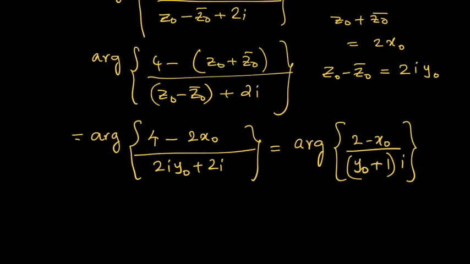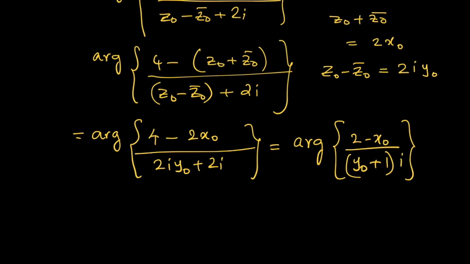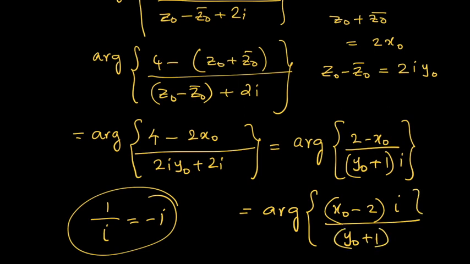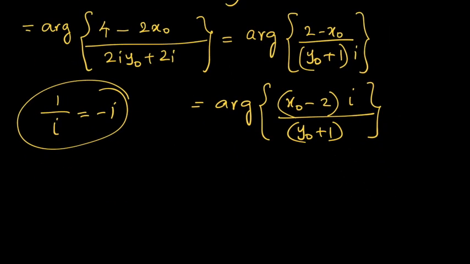Now the i in the denominator, when it goes to the numerator, becomes minus i, because 1 by i is minus i. So this becomes the argument of (x0 minus 2) times i by (y0 plus 1). Now we have to find the argument of this quantity. Now look at this expression.